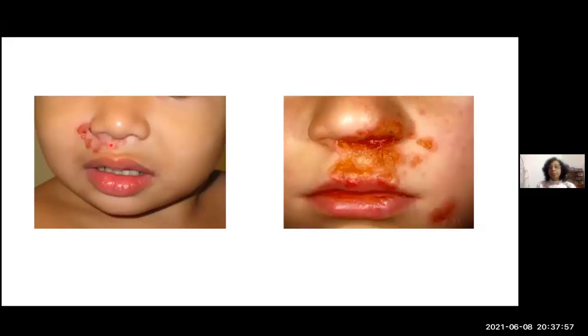Although I said it mostly affects the nose and mouth, it can occur elsewhere as well, but this is the most common finding. So what is this condition? This is impetigo caused by Streptococcus pyogenes. So this is a bacterial infection which needs treatment with antibiotics, generally an oral antibiotic.